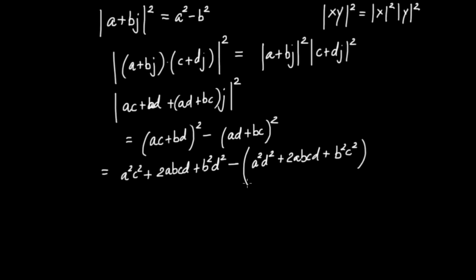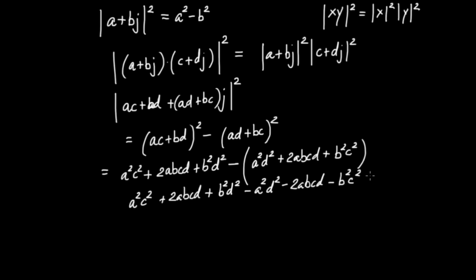Now I'm just going to distribute that minus sign to all terms. So I have a squared c squared plus 2ABCD plus b squared d squared. Then I have minus a squared d squared minus 2abcd. Then I have minus b squared c squared. And like in the complex numbers, I have that nice cancellation there. And now what am I left with?